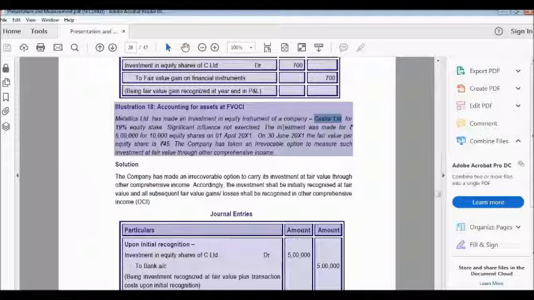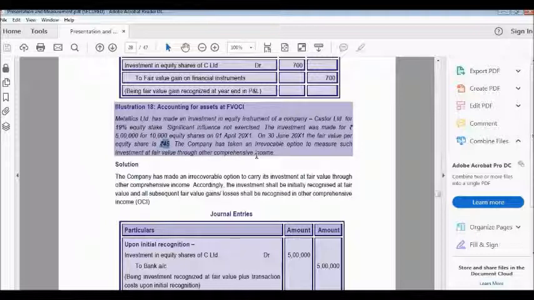The investment was made for rupees 5 lakh for 10,000 equity shares on 1st April 2001. On 30th June 2001, the fair value per equity share is 45 rupees. The company has taken an irrevocable option to measure such investment at fair value through other comprehensive income.